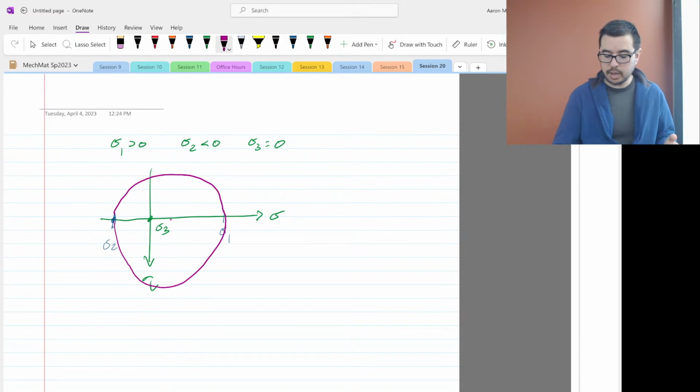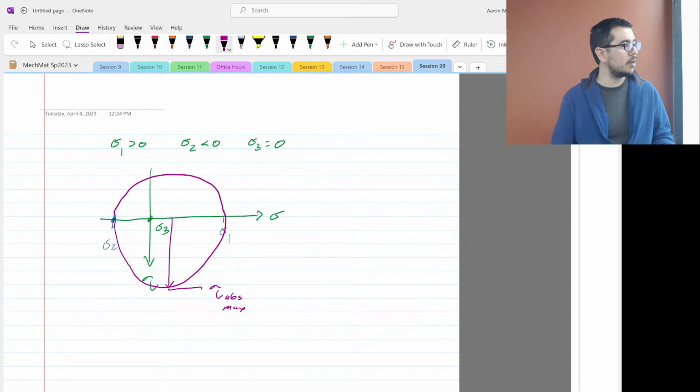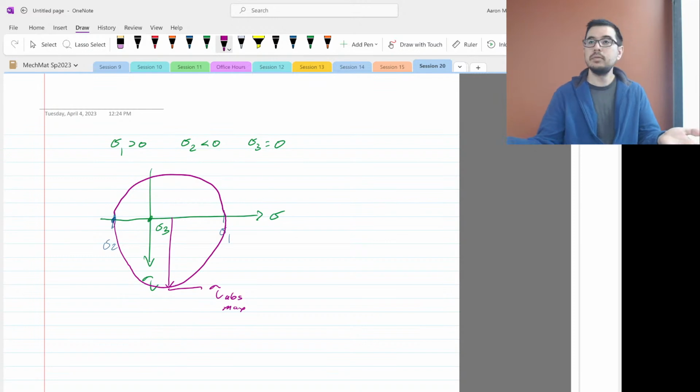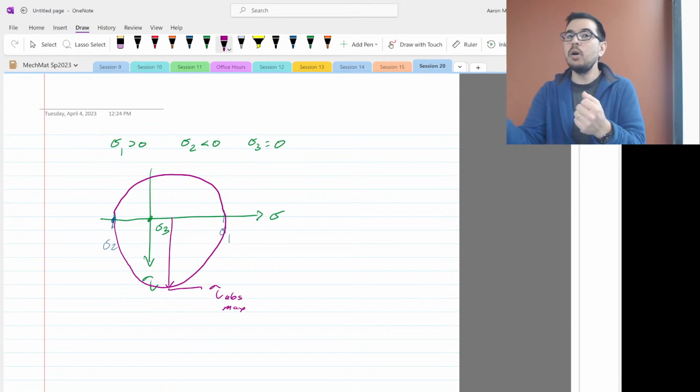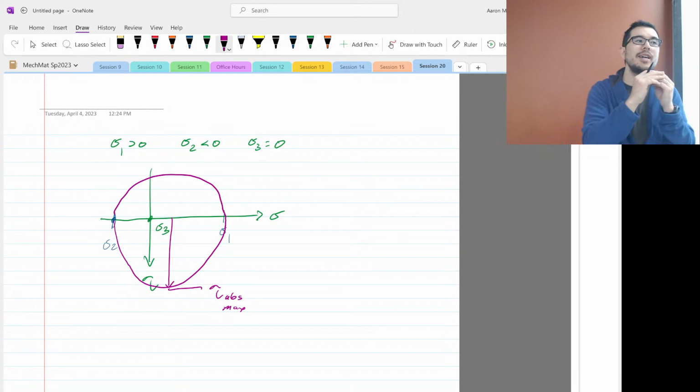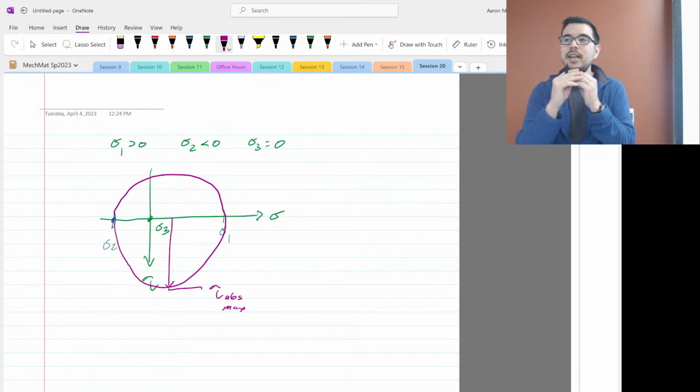And so if I look at the absolute max, what is the radius of that really poorly drawn circle? Yes, go ahead, Amir. I wouldn't call it an average here.